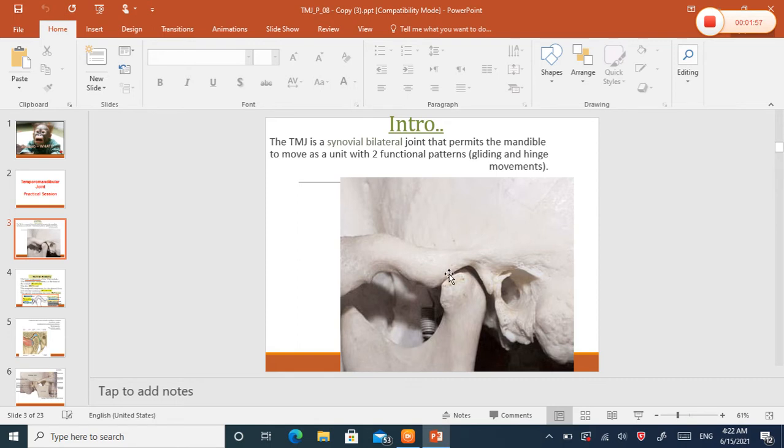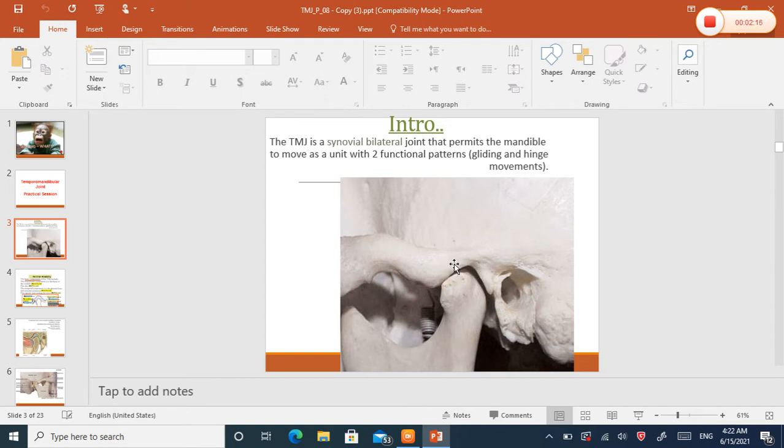The articulating bone parts: mandibular fossa, this is mandibular fossa of the temporal bone. We also call it glenoid fossa.